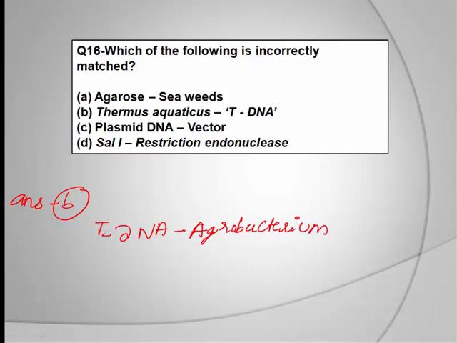Agrobacterium is a common bacterium that infects the dicots. In that, T-DNA is present.